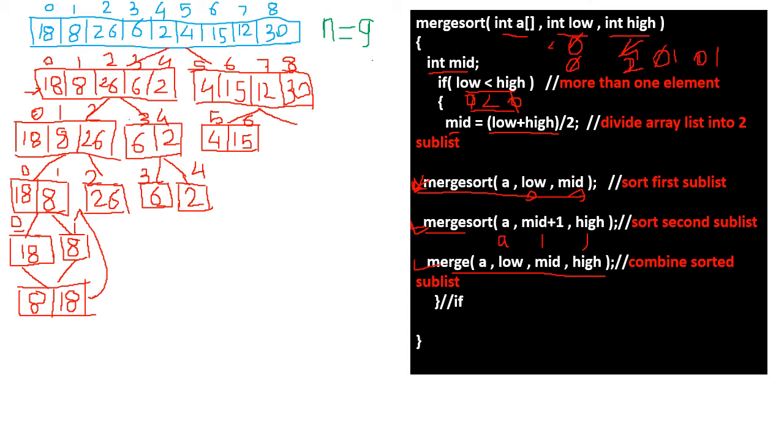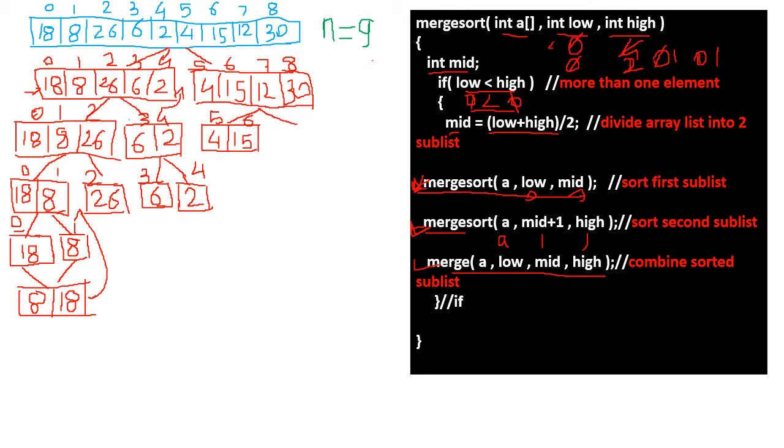When this list, 5 6 7 8, is divided, the midpoint is 4, which means the entire left sublist is sorted. After that, when control goes back here, our second merge sort function will execute.